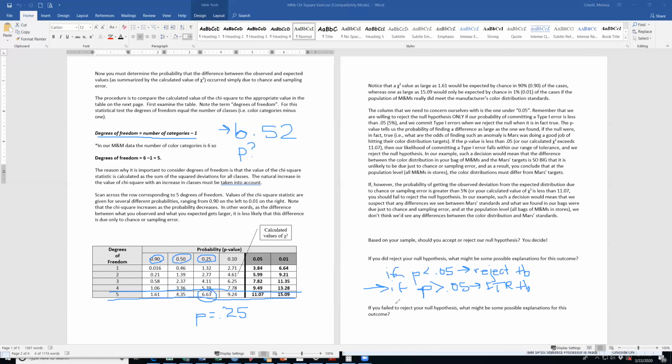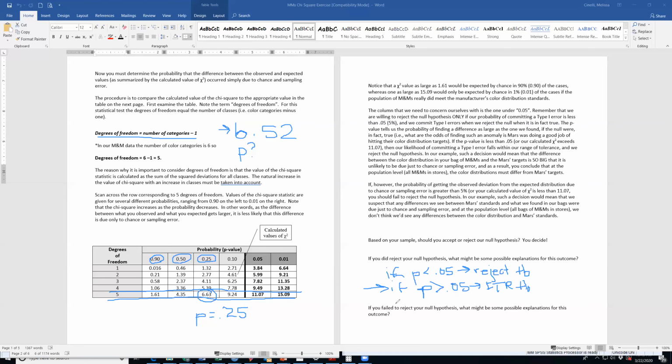All right. So basically, we're concluding that the differences that we found are just a fluke of our sample. If we had opened a different bag of M&Ms, we don't think that we would have found these same differences. If we could conduct a census of all of the M&Ms that Mars manufactured this year, we don't think that we would find differences. All right, we would think that Mars was hitting its targets just fine.